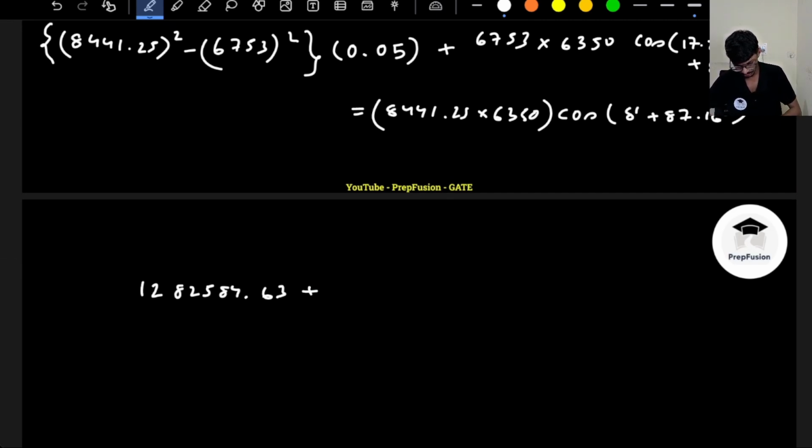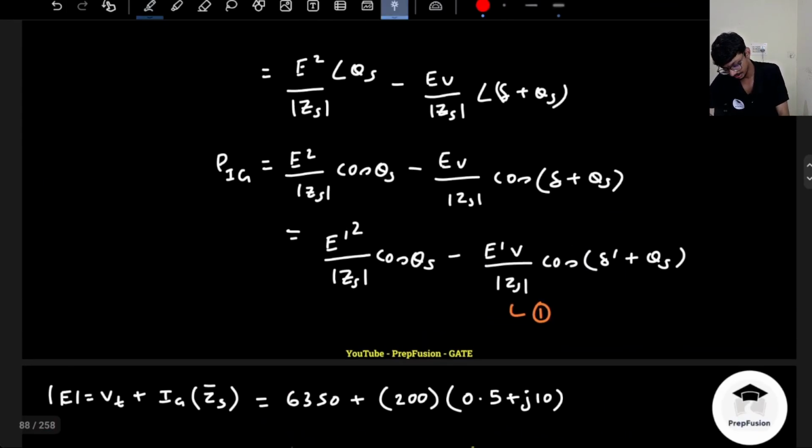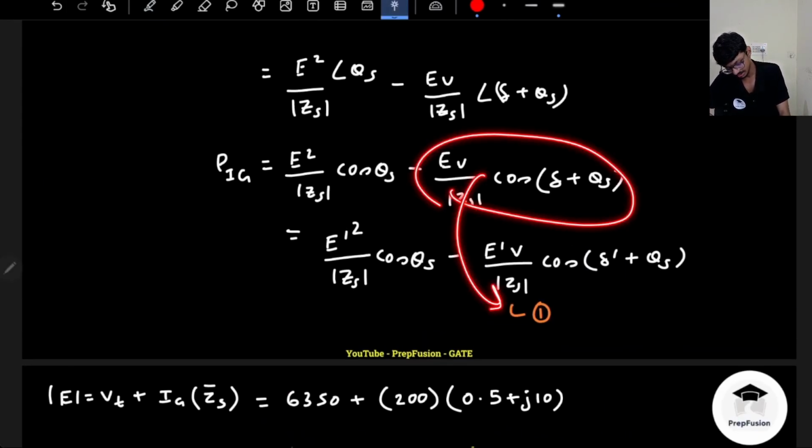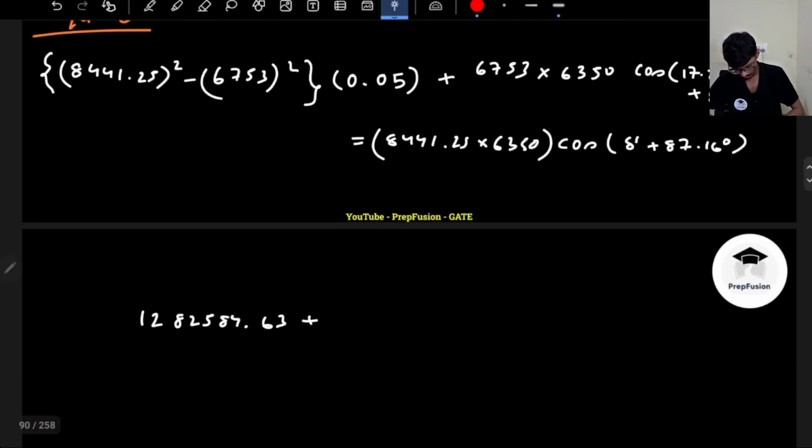17.227 plus 87.16 cos of this. Okay, this will come out to be negative. Automatically this will come out to be negative, even though this term is going on this side, it is positive, but this is higher than 90, so this will become negative actually, into 6753 into 6350.